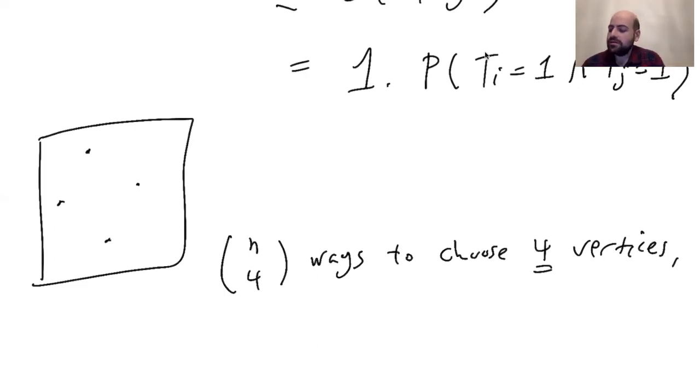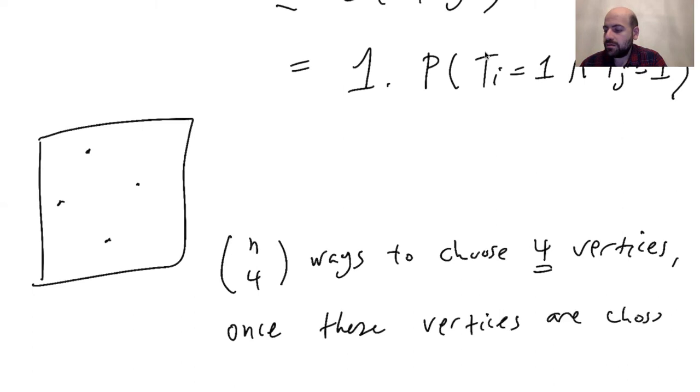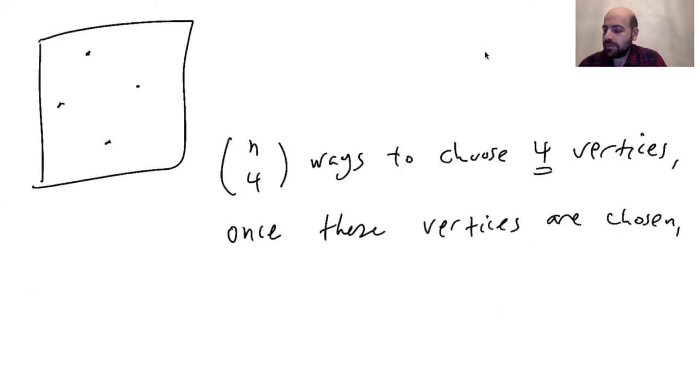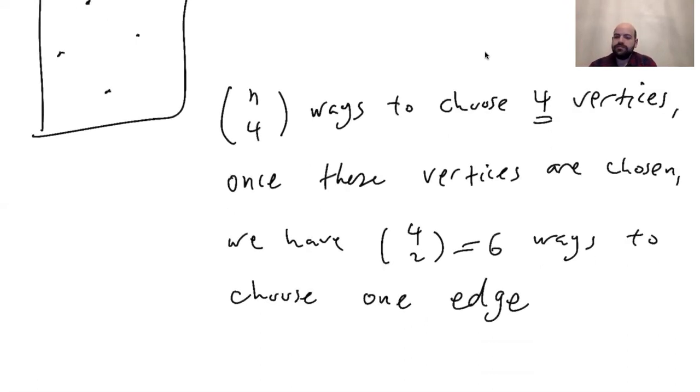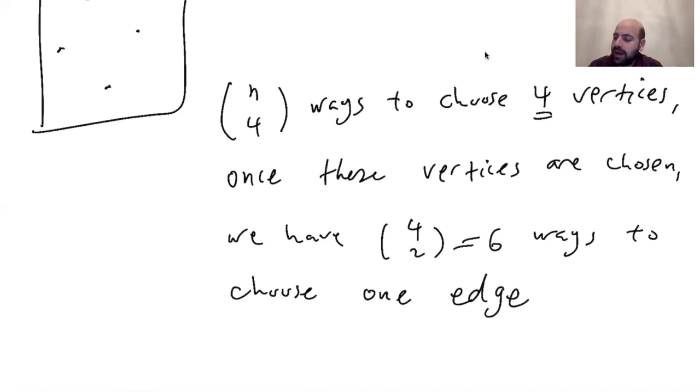So once these vertices are chosen, we have 4 choose 2 equals 6 ways to choose one edge as the common edge.